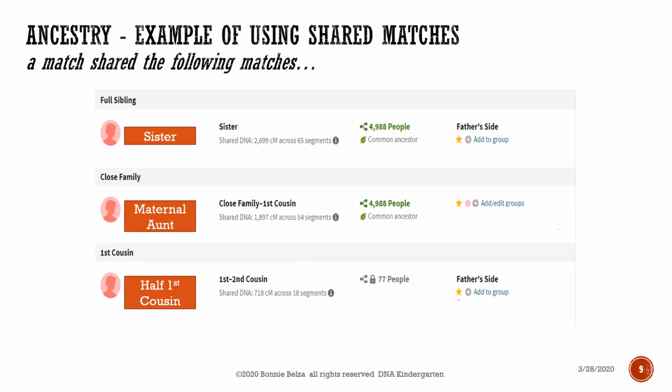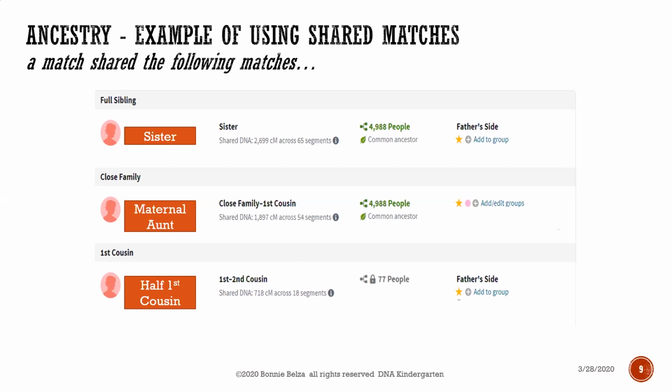But the fact that John matches my maternal aunt tells me that John's probably on my maternal side of my family. That means I could eliminate my paternal side. But hold on. John also matches my half first cousin, and Ancestry's identified her as being on my father's side.